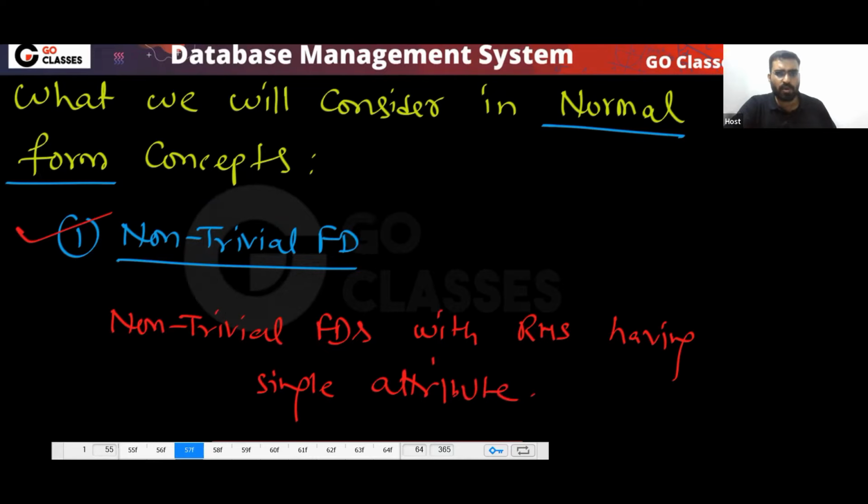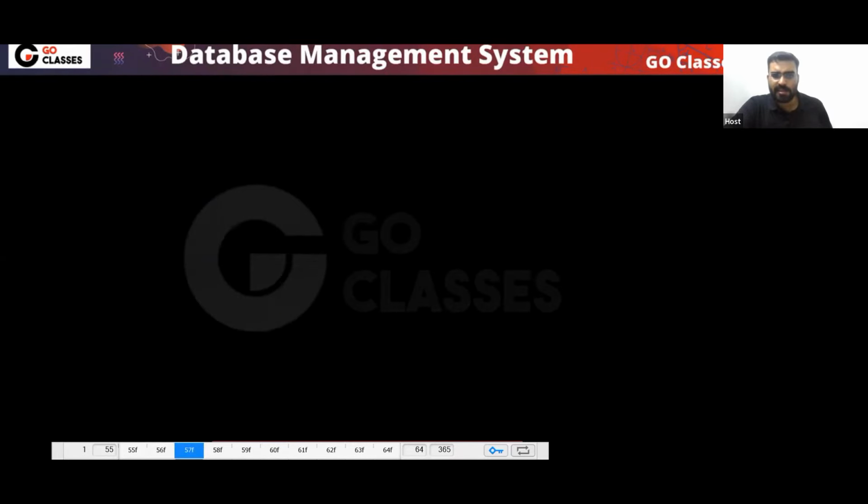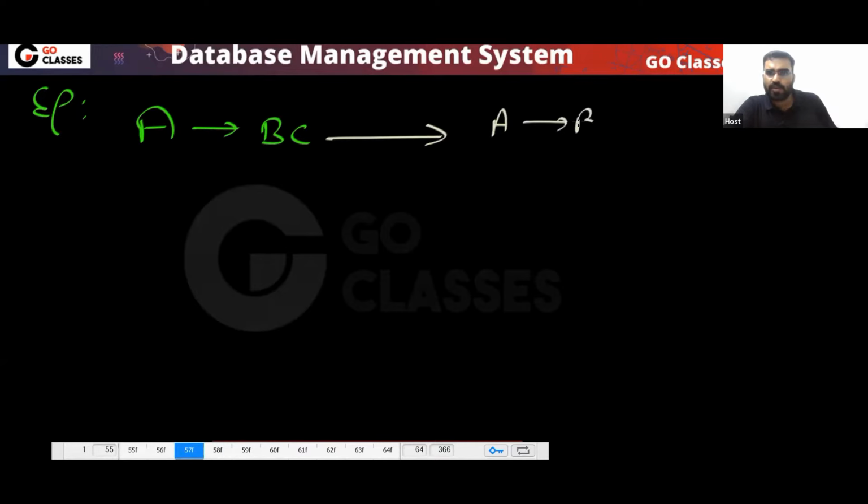We will consider only non-trivial functional dependencies with RHS having a single attribute. What if the RHS has multiple attributes? Then you can split. A determines B, A determines C. So these we will consider.